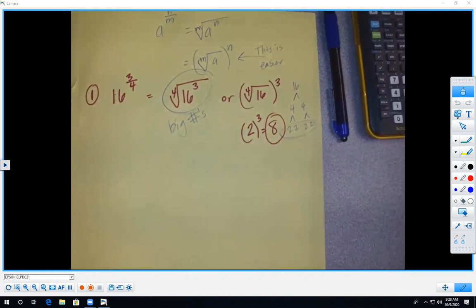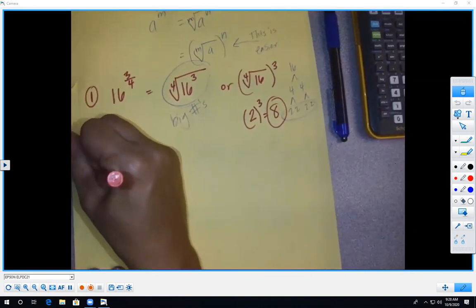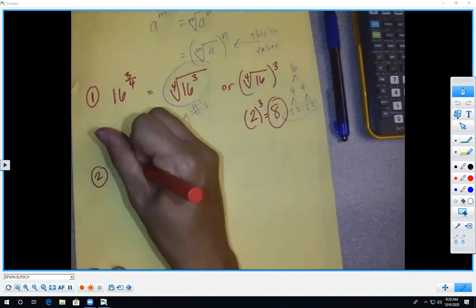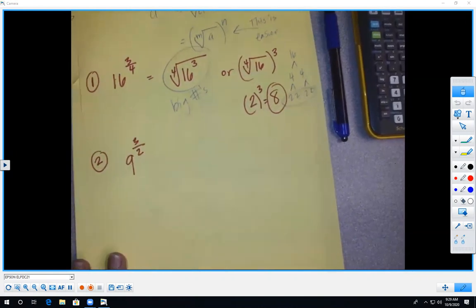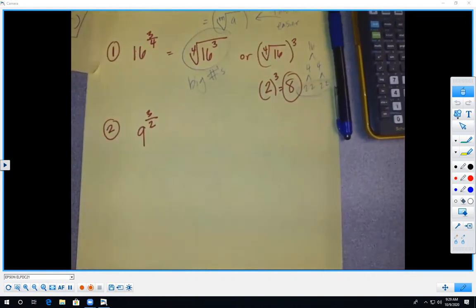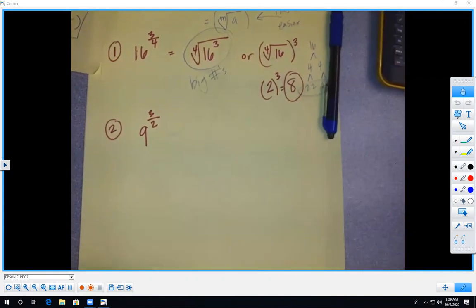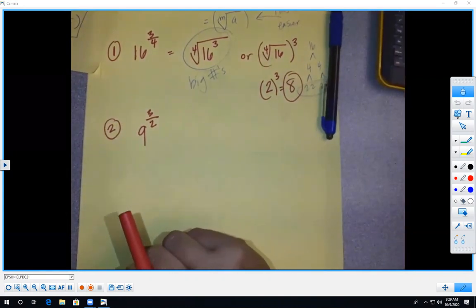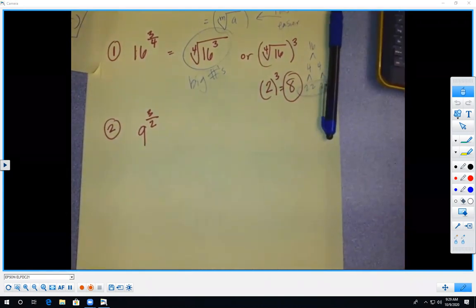Okay, let's do more of those. 9 to the 3/2 power. Okay, so what power are you raising 9 to? The third power. What root are you taking of 9?